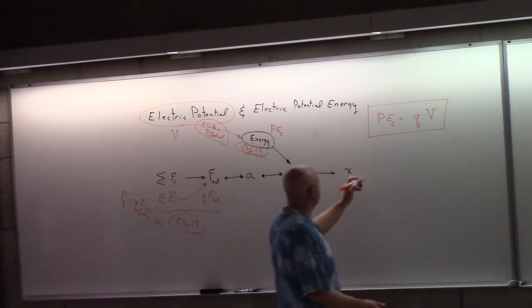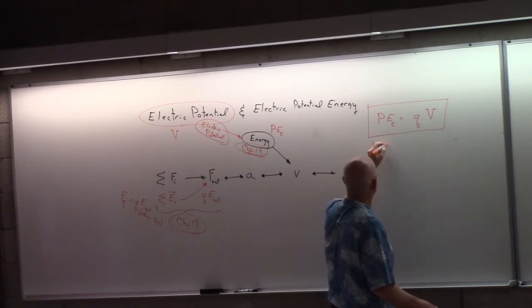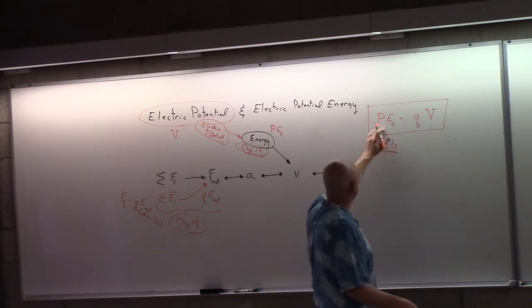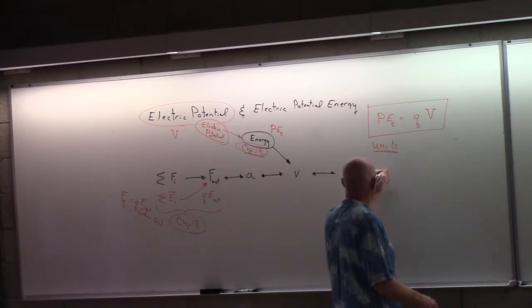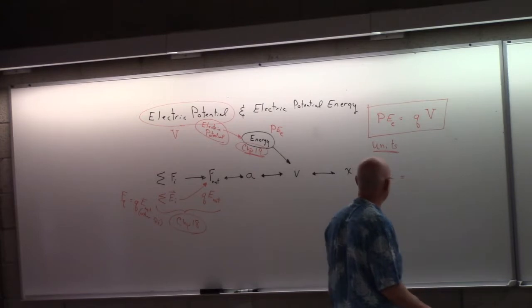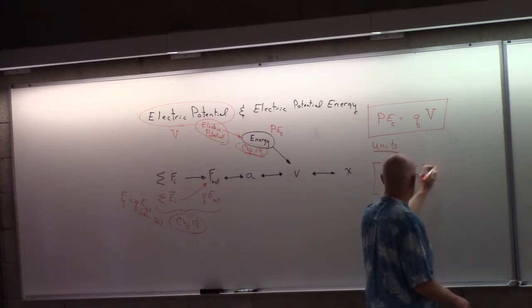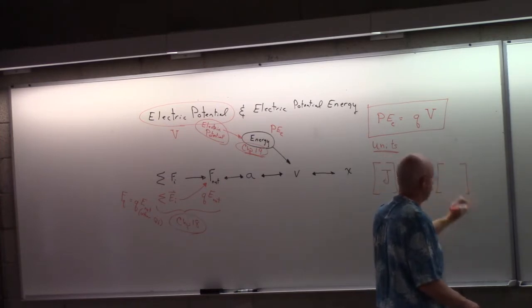And unit-wise, maybe you can begin to see that if we talk about an energy, it would be in units of joules. If we're talking about a charge, it would be in units of coulomb.